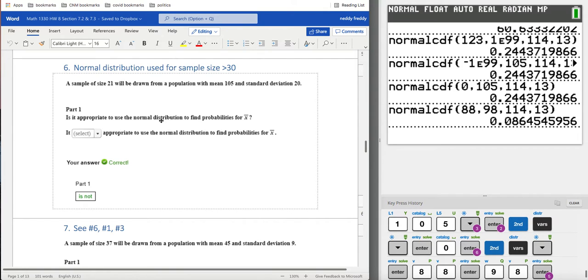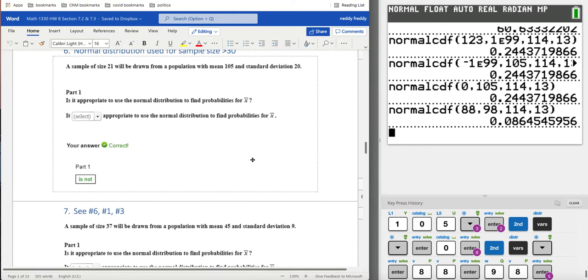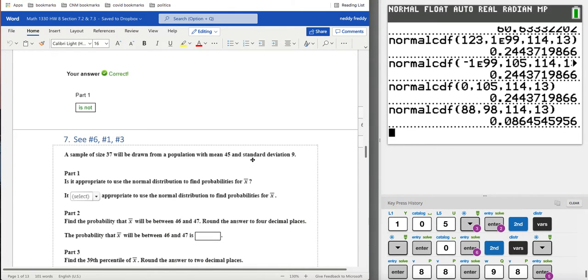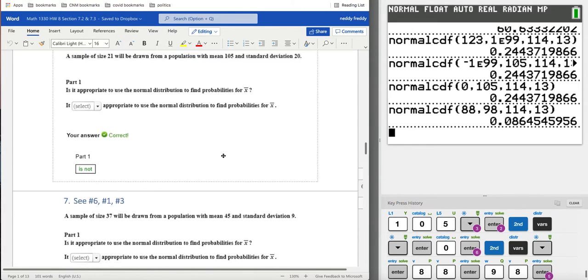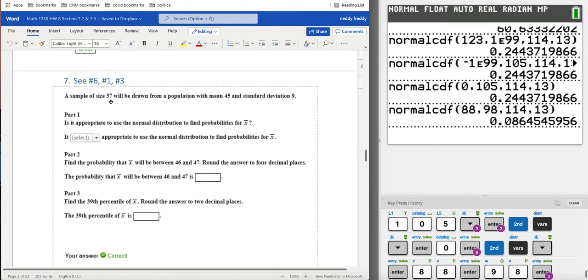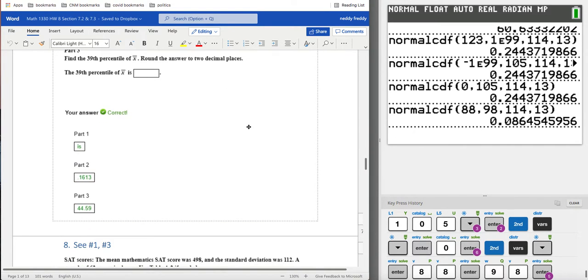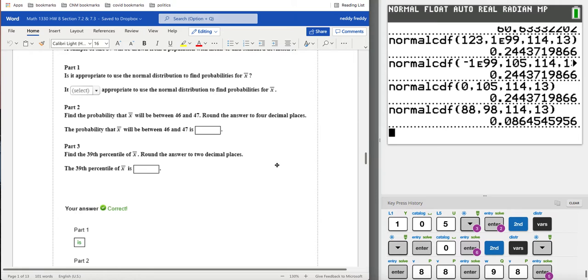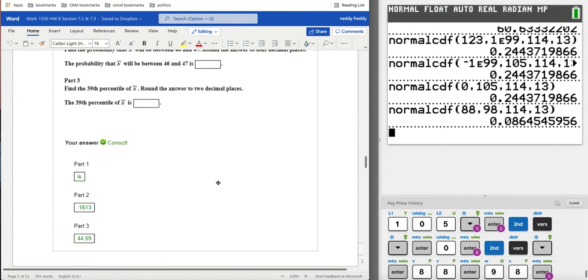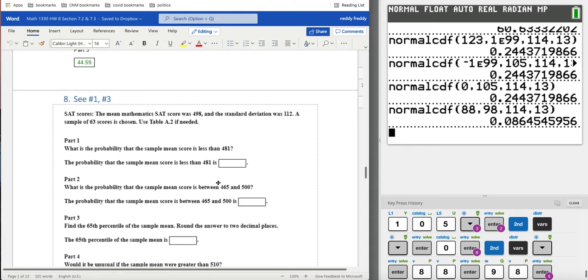It needs to be a sample size of 30. And so you just answer yes or no, depending on whether the sample size is more or less than 30. So you can see that one, it was no, and this one, it was yes, because the sample size is 37. And then if it is, then you go on to do other questions about it that are done the same way as the previous ones.